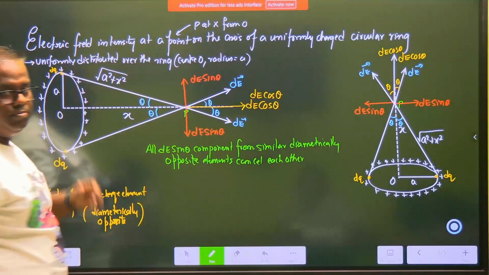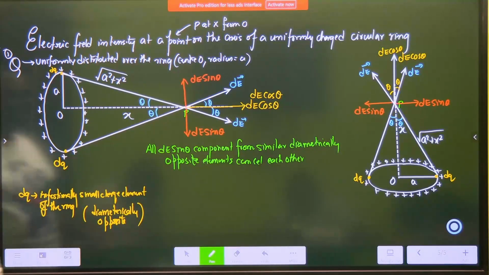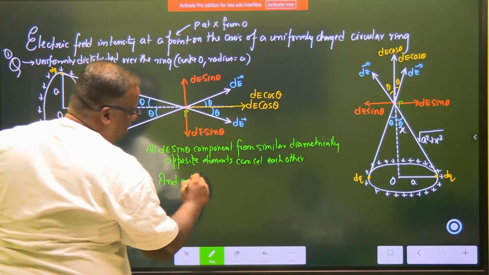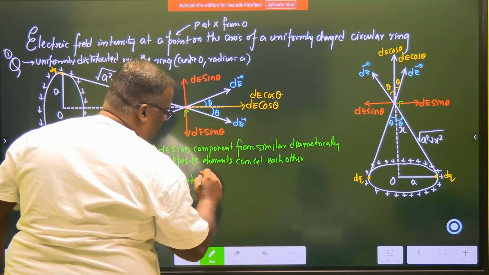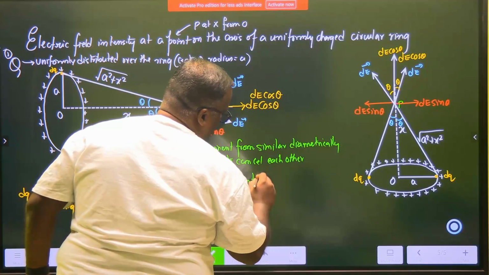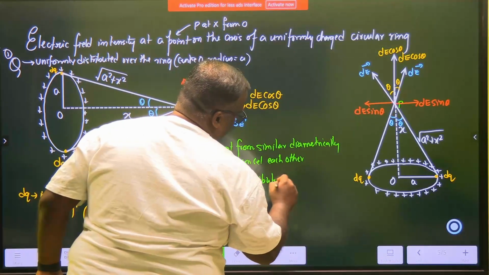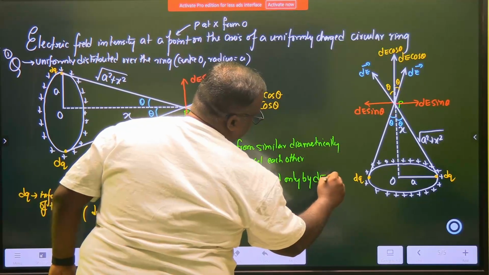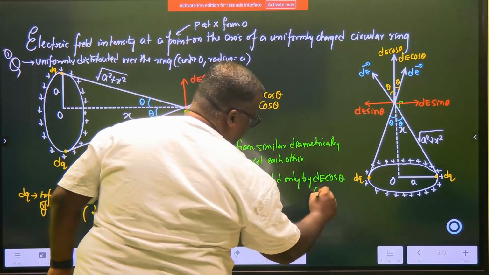Cancel each other, right? And the net electric field E at P is contributed only by the dE cos theta component.